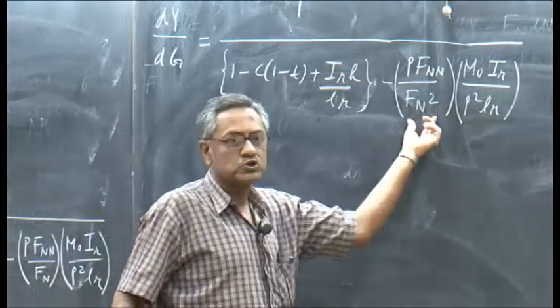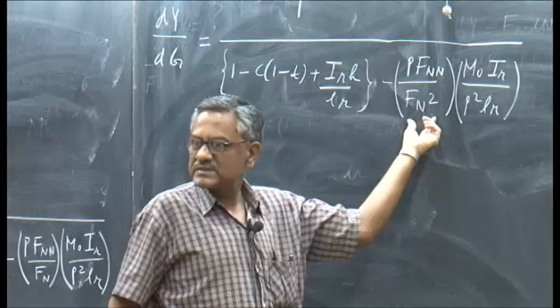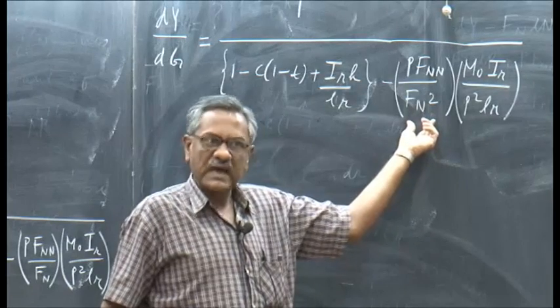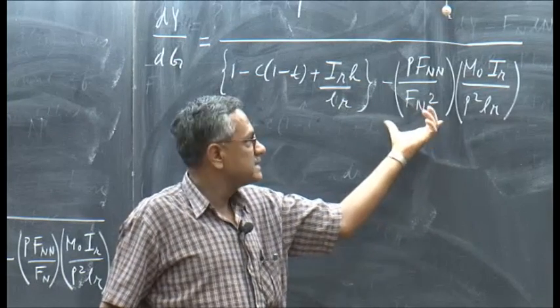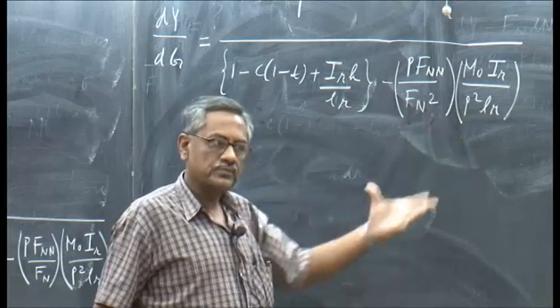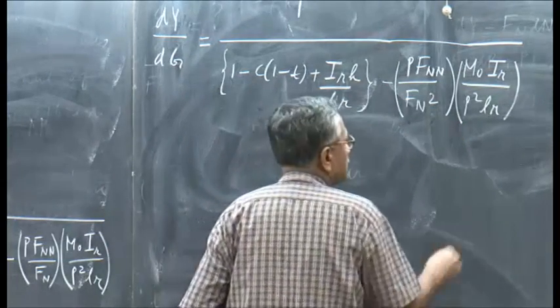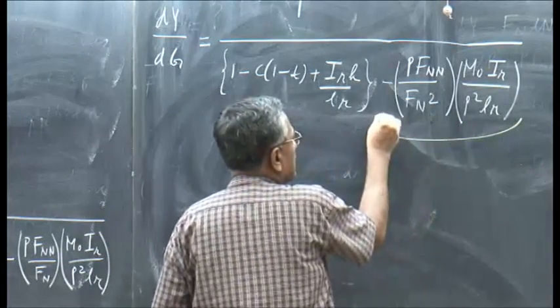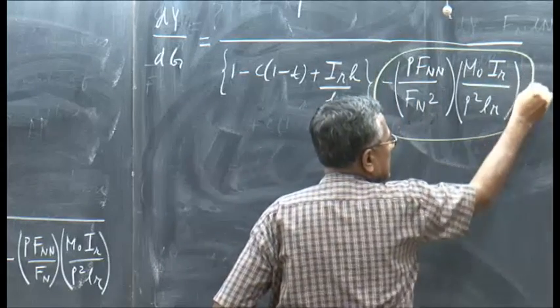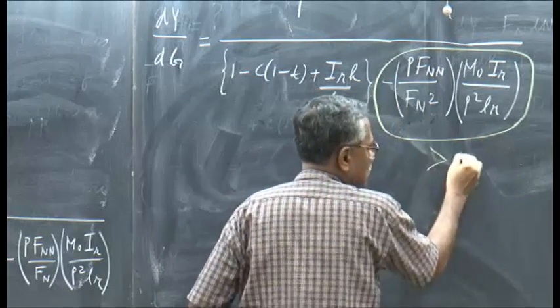But the supply function slope is intact. This is the aggregate supply function slope. That's intact there. And this whole thing is a positive number. This entire thing with the minus sign is greater than 0.